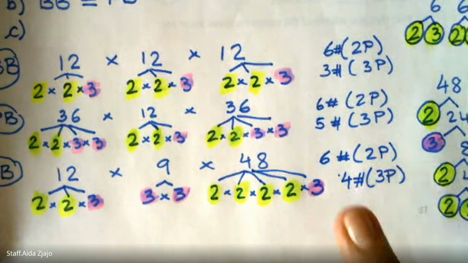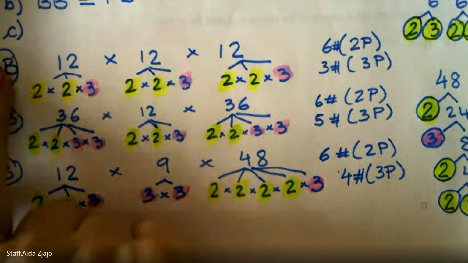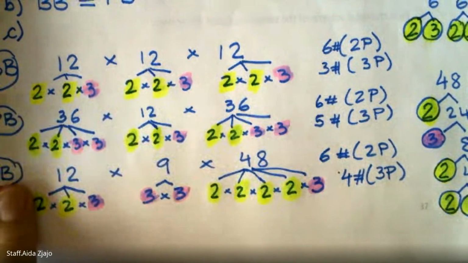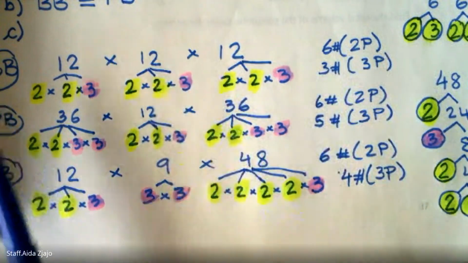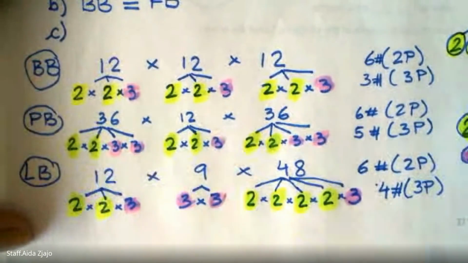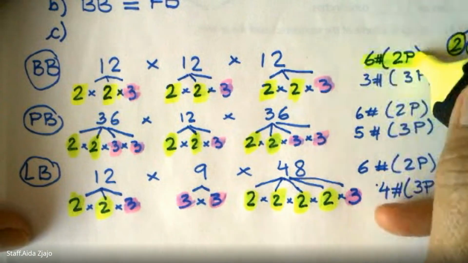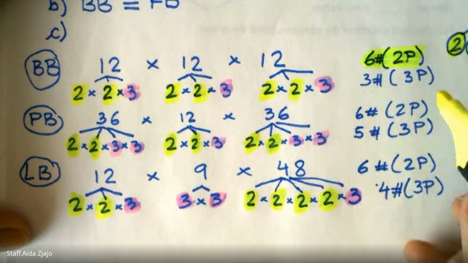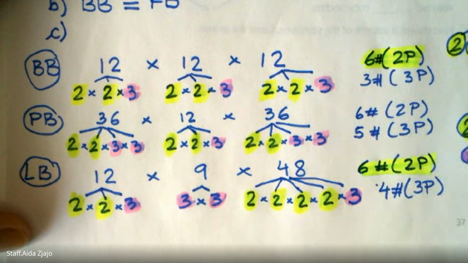Okay, right here I can see that if you look at BB and LB, they both have the same number of prime 2, and that's 6 primes 2, and this is 6 primes 2.